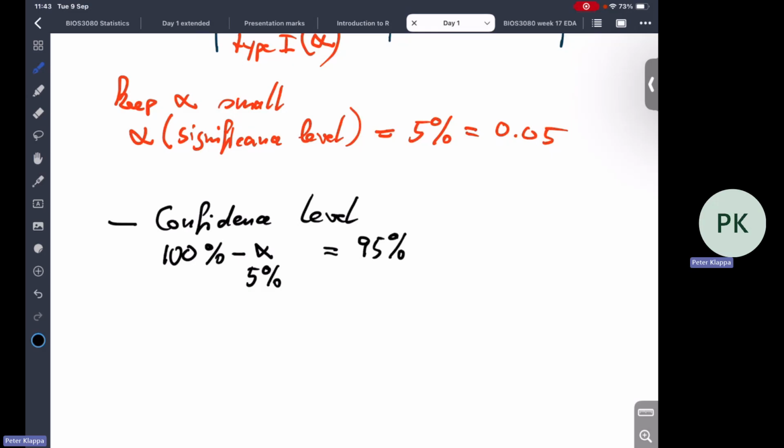We want to set everything so that we are 95% sure. We want to build the confidence interval so that 95% of the time we actually make the right decision. Make sense? This is alpha, this is the significance level.